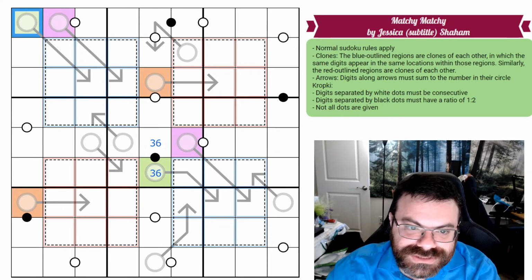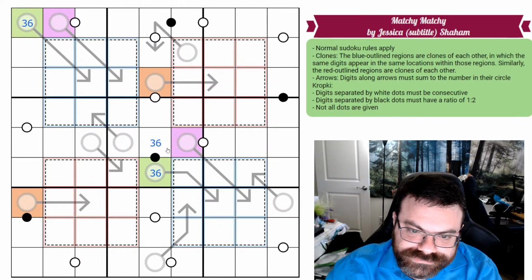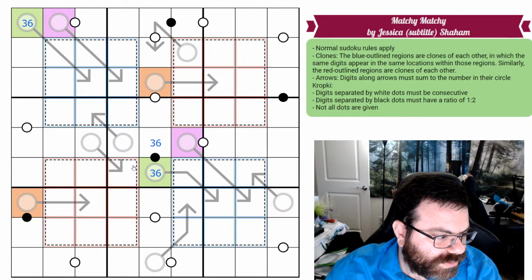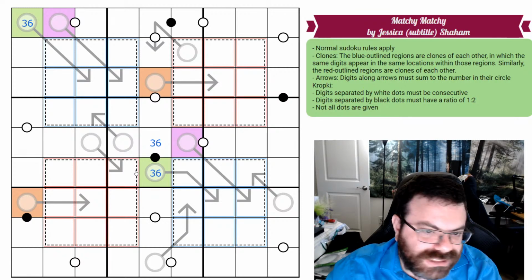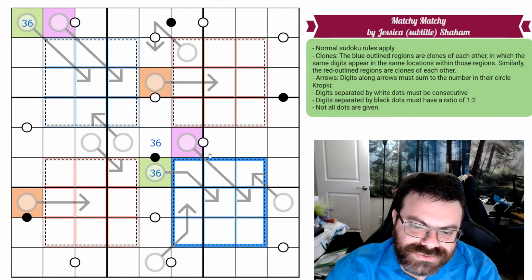So this is a 3 or a 6. Yeah, I'm wondering if these caged outlines actually are 1 through 9, but I can't quite prove it.